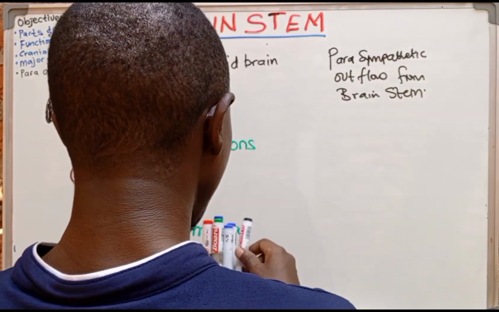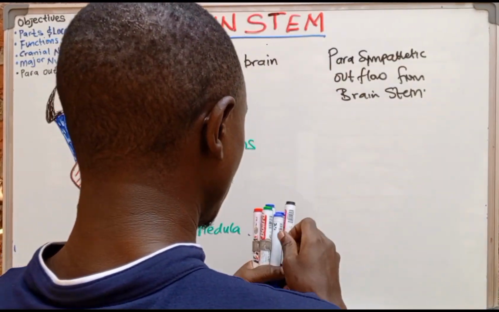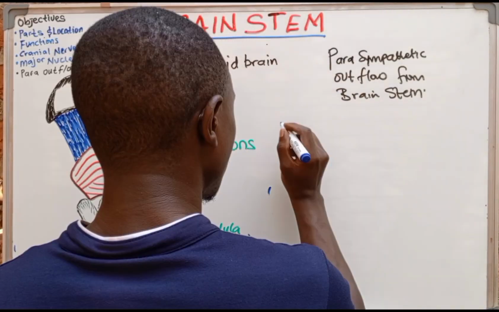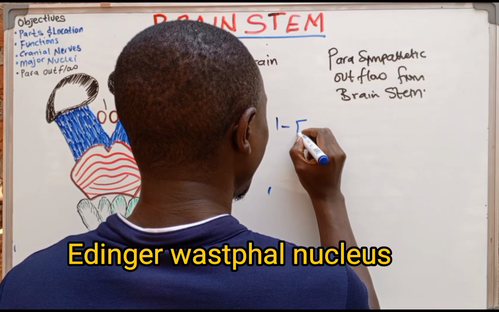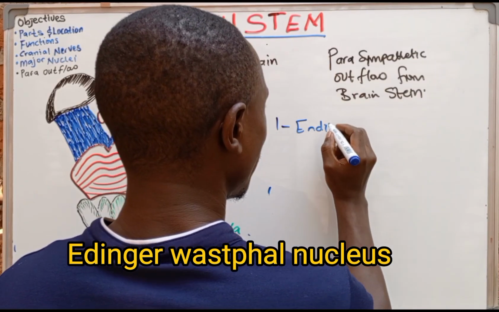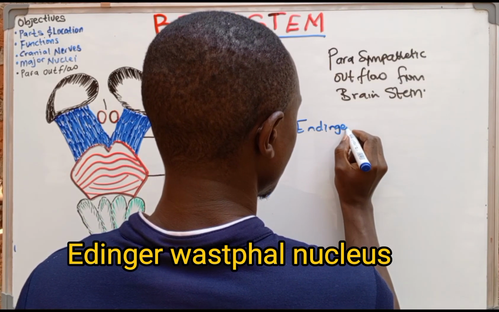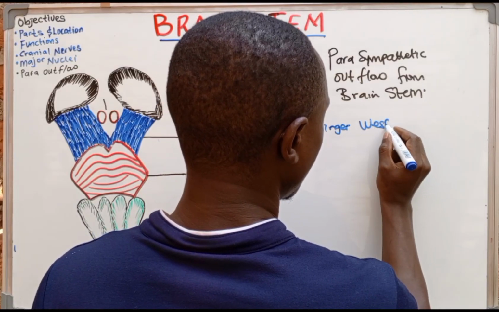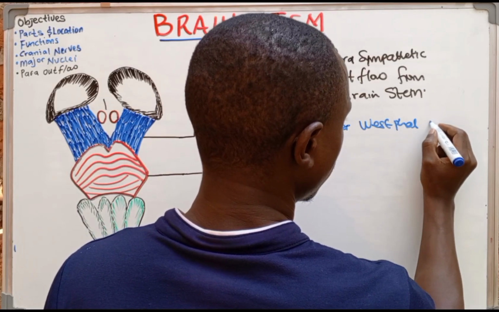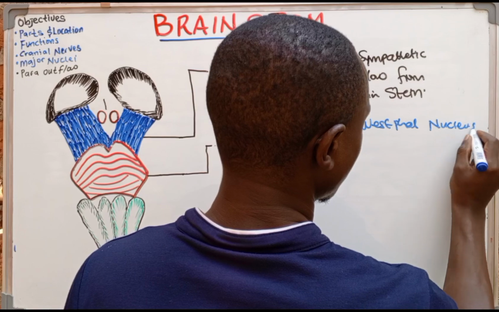Okay. The first one which I want you to know is what we call the Edinger-Westphal nucleus.